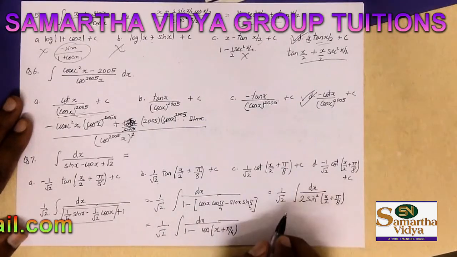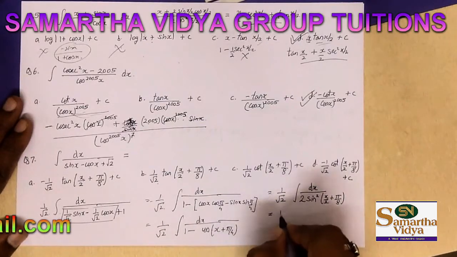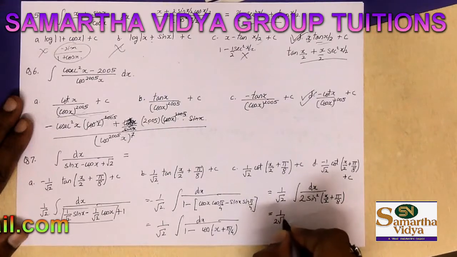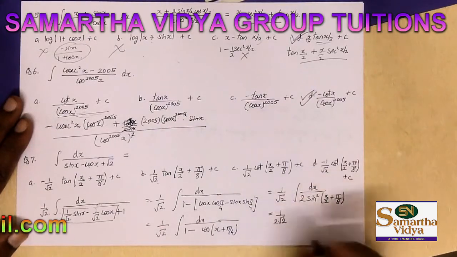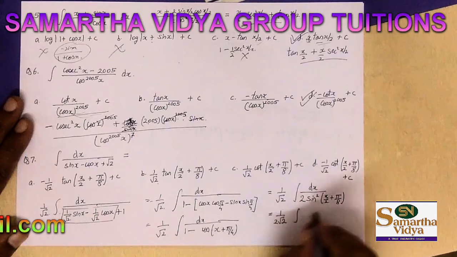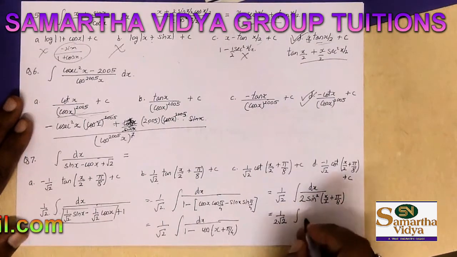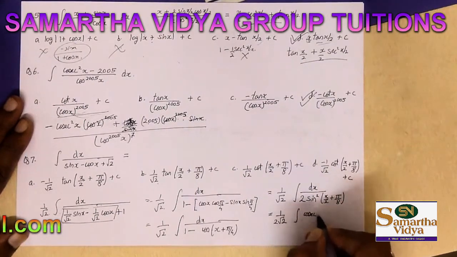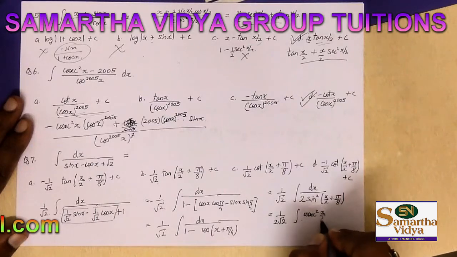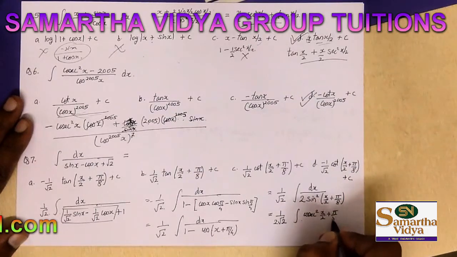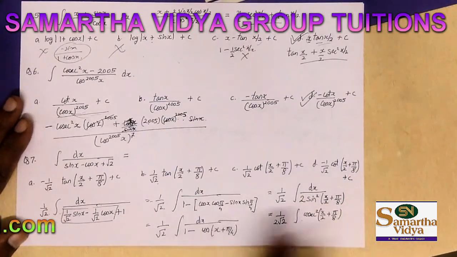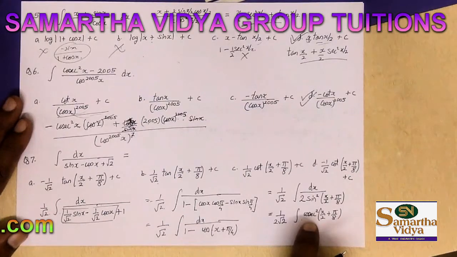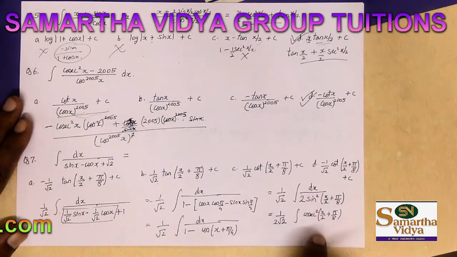This 2 we can take outside, so it becomes 1 by 2 root 2, and in the integration, this sign goes up, so that becomes cosec square of x by 2 plus pi by 8. So we know that the integration of cosec square is nothing but minus cot.